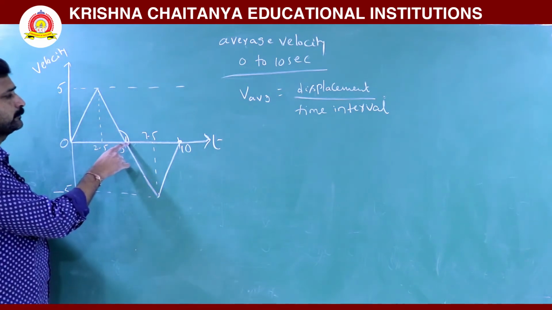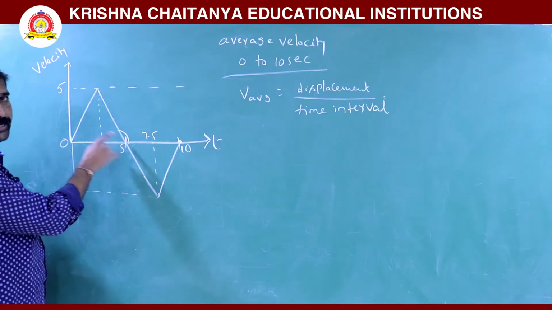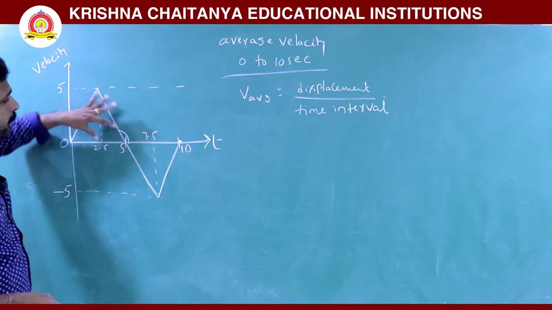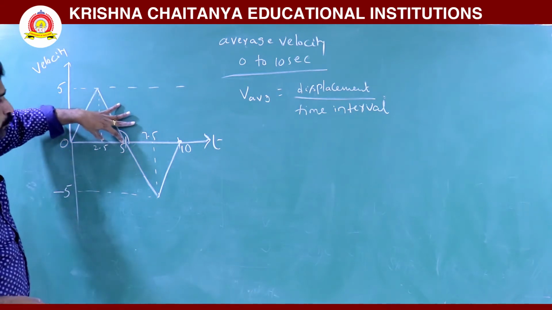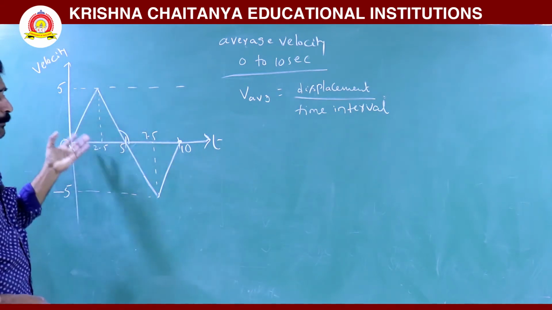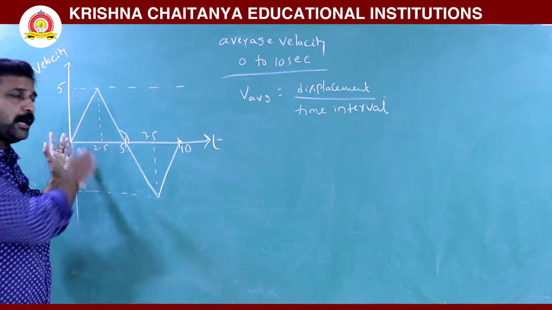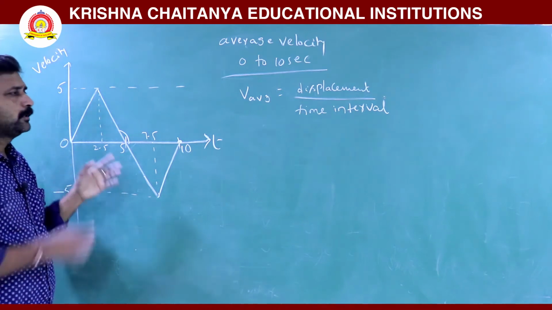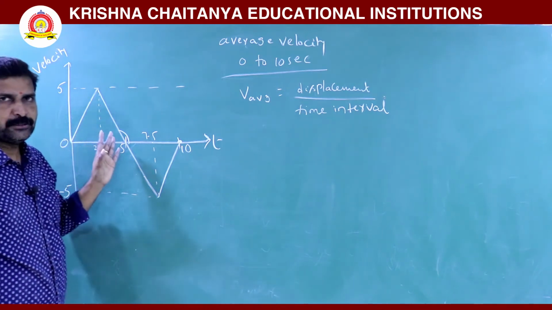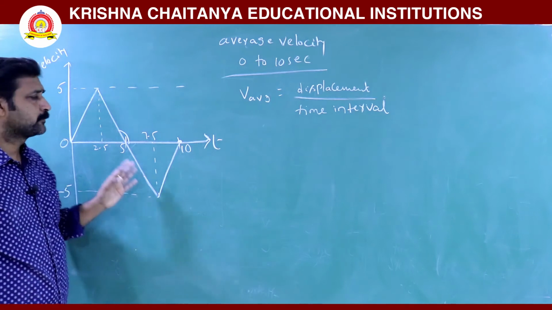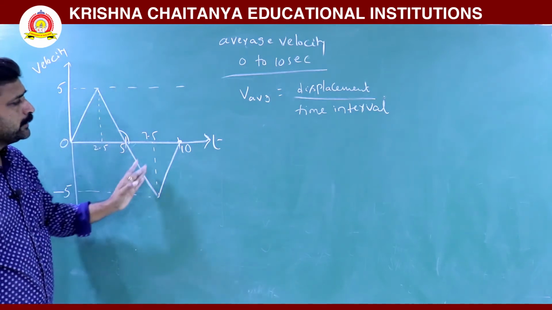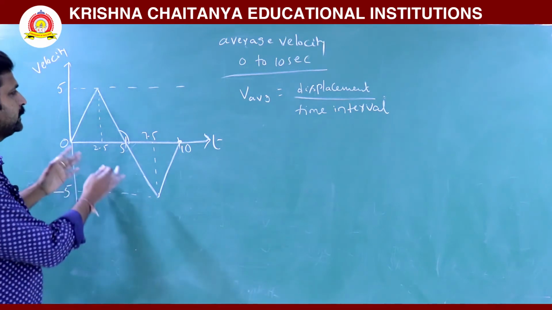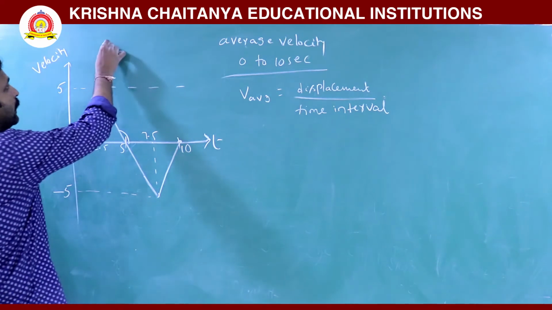And here also acceleration is the slope, 5 by 2.5, 2. Similarly, here also 2. Magnitudes are always positive, directions may be negative or positive. So, ignoring the directions, just taking the values, the acceleration for all the straight lines is 2 meter per second square.